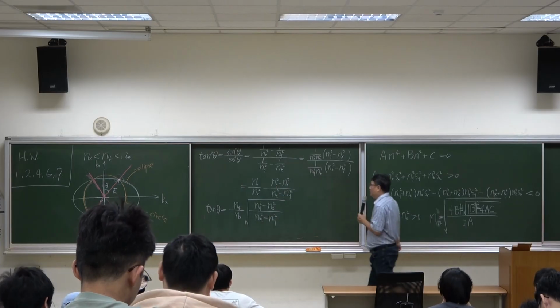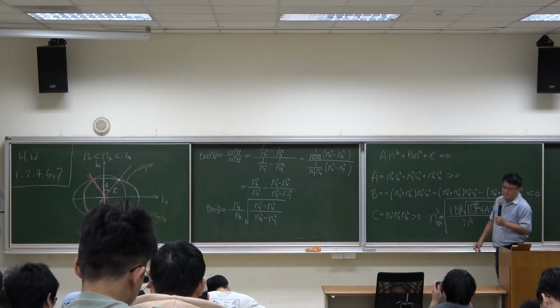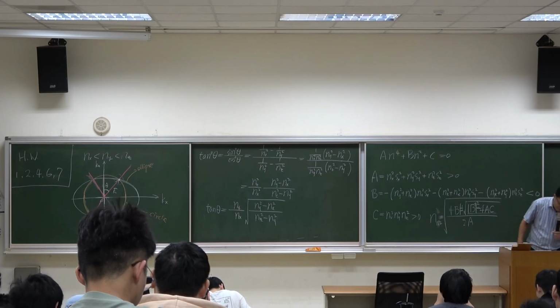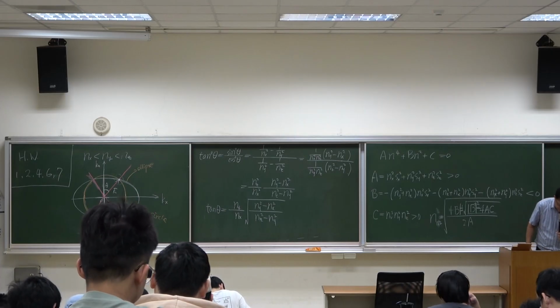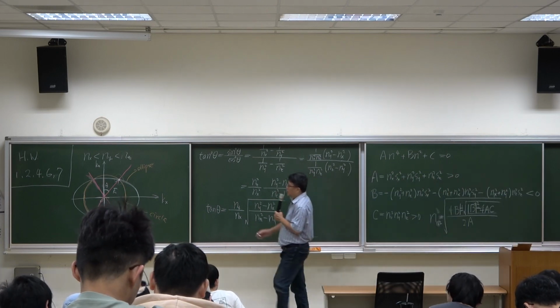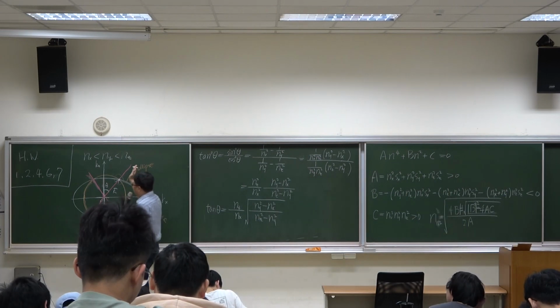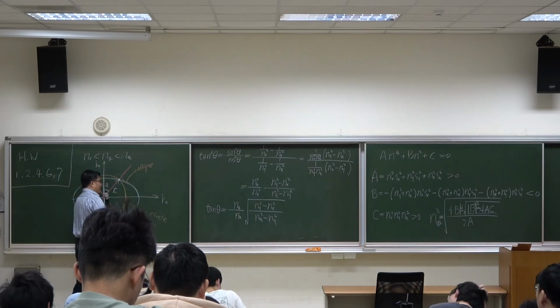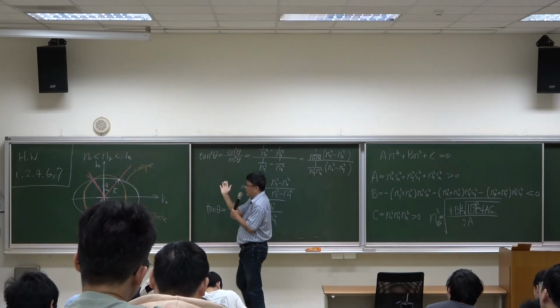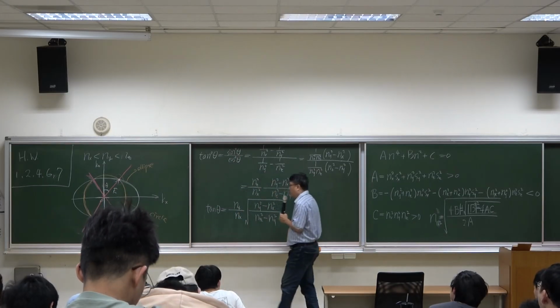Okay? So this gives us the tangent of the angle between the optic axis and the z-axis. So use this result, we can find the direction of the optic axis.